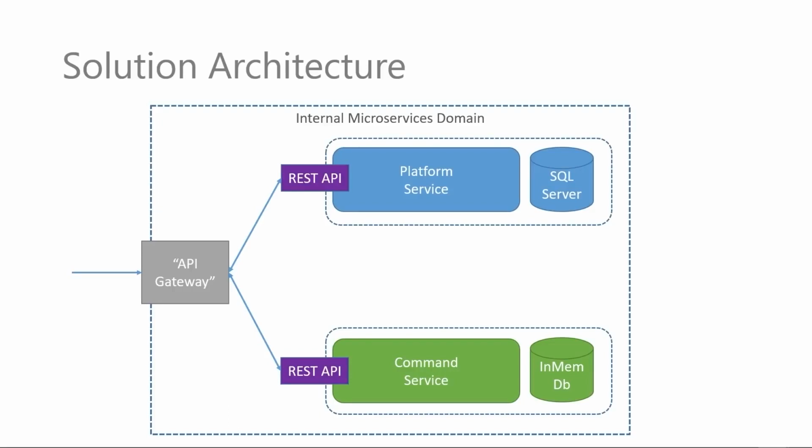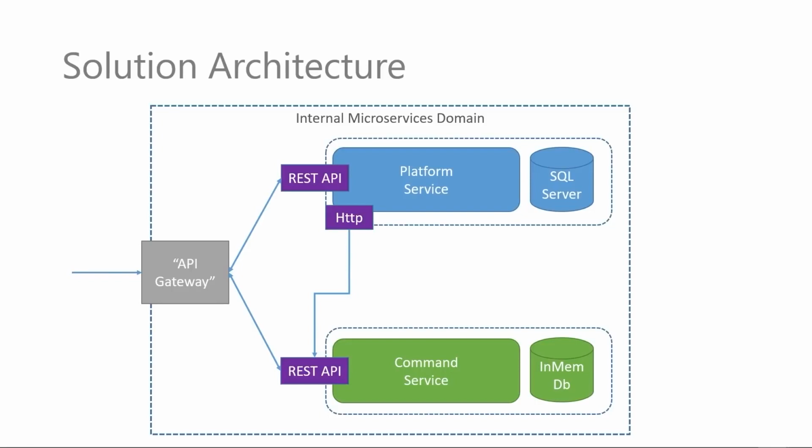And the problem that we were encountering in the last section when we were trying to test our command service was that we have no platforms in there. So what could we do? Well, a few sections ago, we created an HTTP client in our platform service that could post data to our command service.